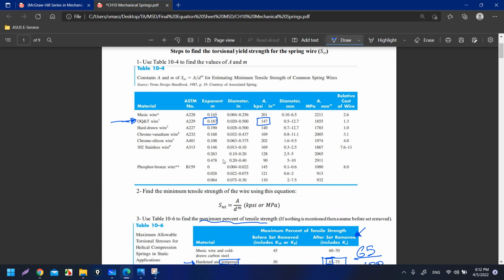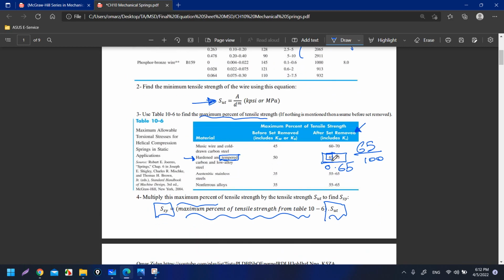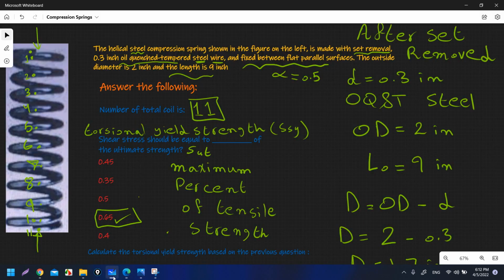We have the units in inch and kilopound per square inch, and since in the question he didn't use SI units, we use these two columns. The value of m is 0.187 and the value for A is 147 kpsi inch to the power 0.187, m. Then we use this equation to find SUT, and we already found the maximum percent of tensile strength, 65. So 0.65 times SUT will give you SSY, which is what he needs in the question.